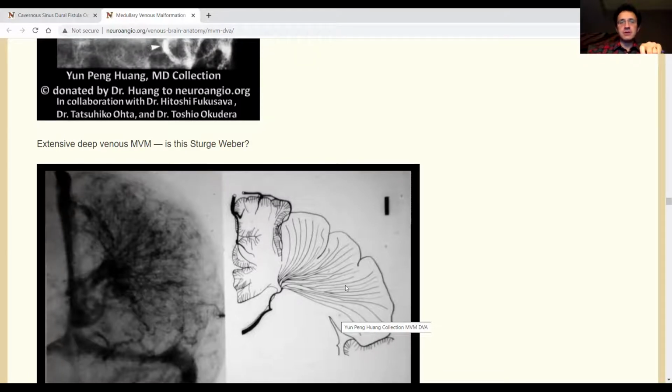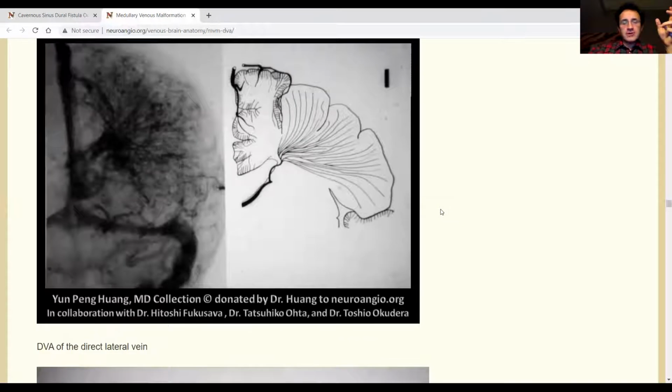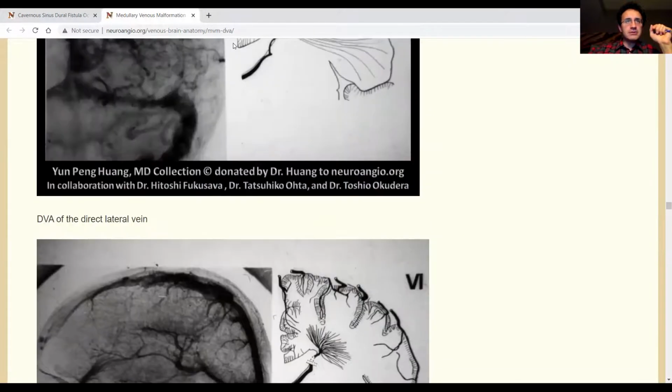I'm not going to go through it here, but the idea is that in some people, the medullary veins might preferentially drain deep, and in somebody else, they might preferentially drain superficially, and that can be reflected in the size of, say, the superior sagittal sinus. People with hypoplastic superior sagittal sinuses tend to drain deep in a very non-pathologic manner, and vice versa. So I think that's also important.